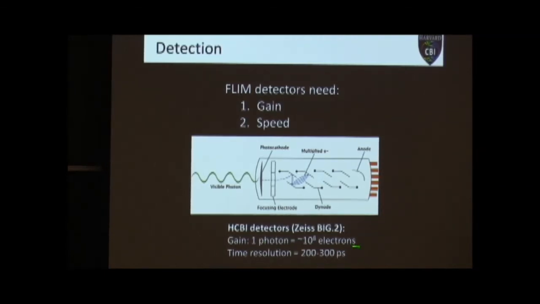And they also have a time resolution of about 200 to 300 picoseconds. Obviously, this is really important. You have to have a time resolution shorter than the lifetime of your fluorophore. And one of the big contributors to this time resolution is actually the length of this tube, the amount of time it takes that electron to fly the length of the tube. It's one of the key limiting factors.